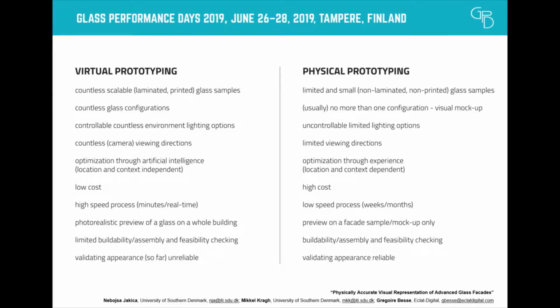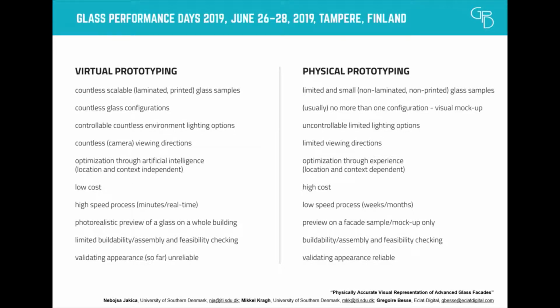It means that as soon as you have the glass specification and spectral curves, you will be able to provide a physically accurate glass sample, while in physical prototyping you are limited to a small, usually A4, glass sample that is usually not laminated and does not present the whole glass composition. So there is also a bit of bias when it comes to physical prototyping.